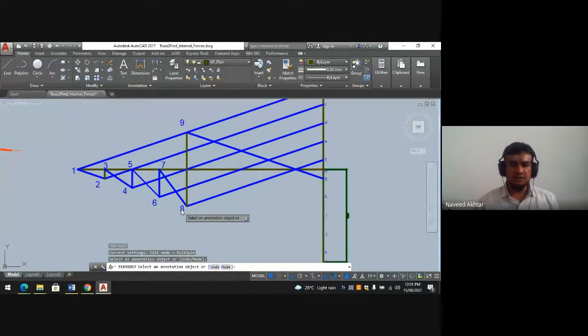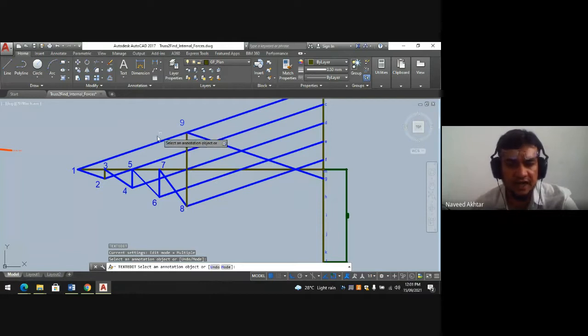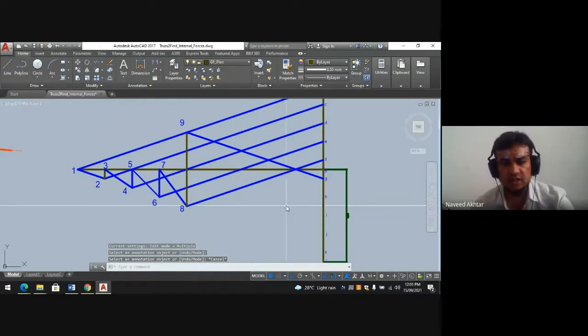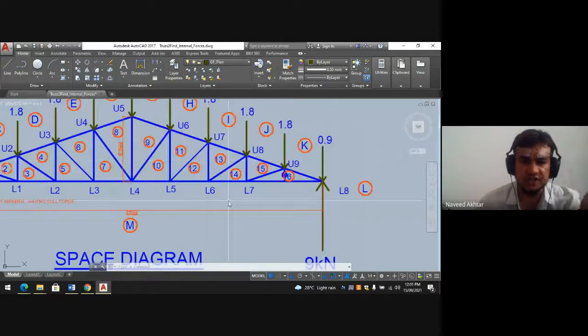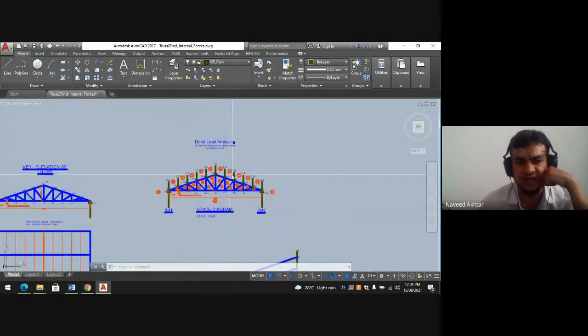Similarly, if you go for 6 to 7, and on 7 if you go for the opposite, then the 9 point, then 11, then 12, then 13, you will get that. So in the opposite direction, the members and forces are the same.